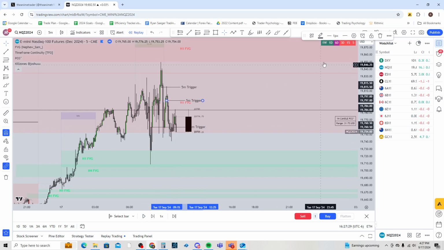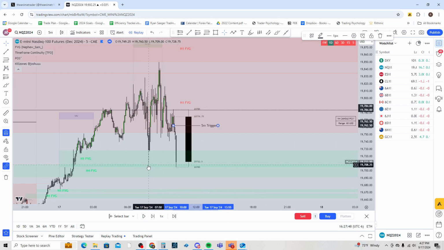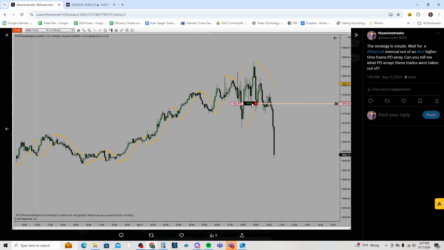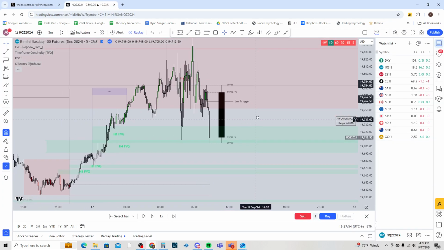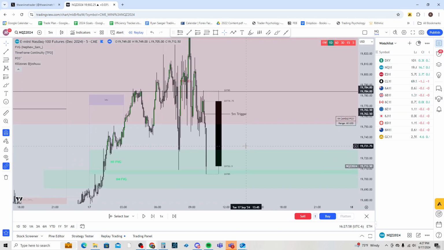And then took this 5 minute reversal again. Well, let me just clean this up. I think this was the big puker that we saw taking out these lows here. And the runner ended up going for 100 something points. Had to get off, so I just closed the position and was happy with the trading day.